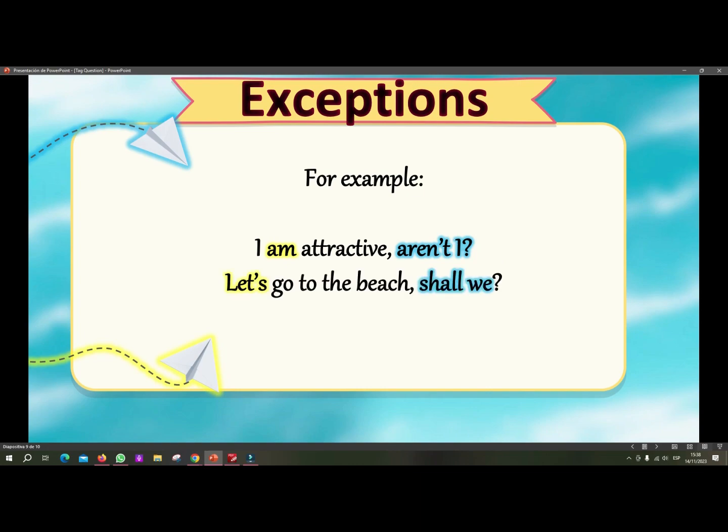Let's go to the beach, shall we? This is another one. If you have let's, right, in this case, that is an affirmative statement, you're going to have the shall we in the tag question, right?